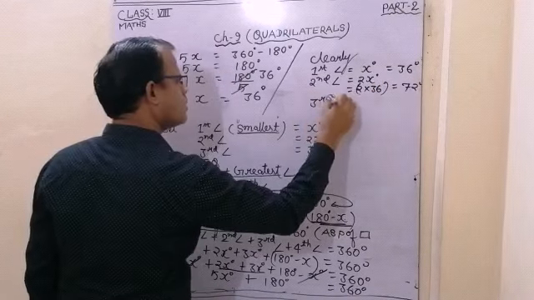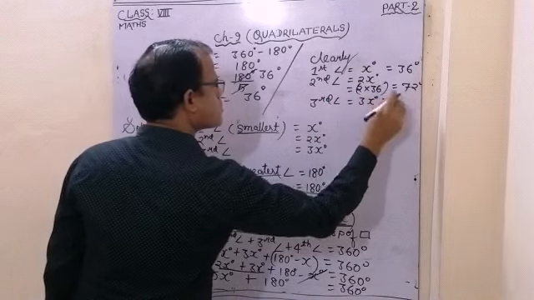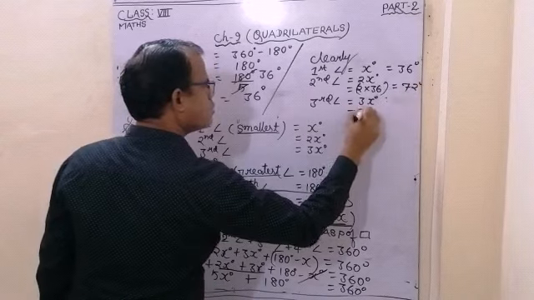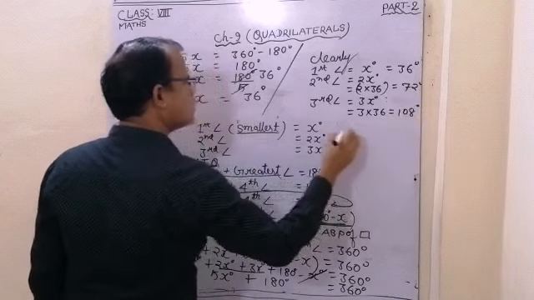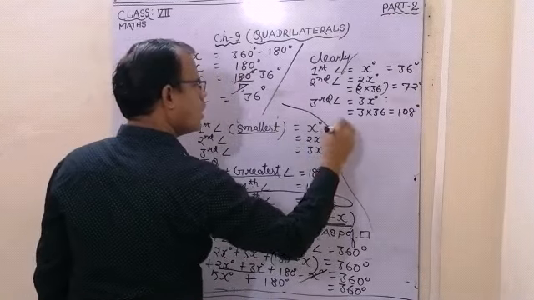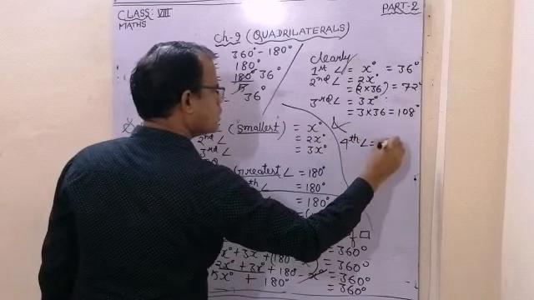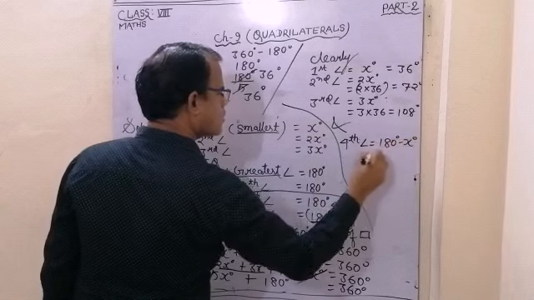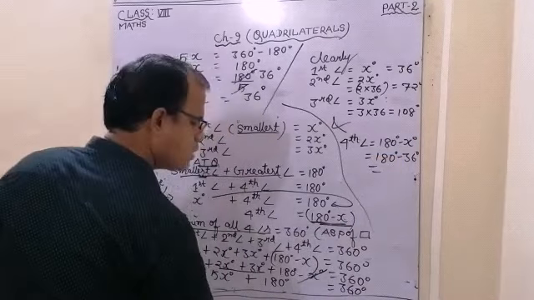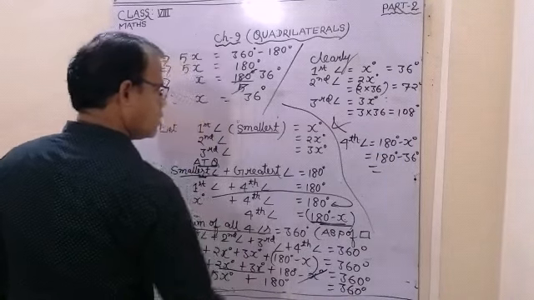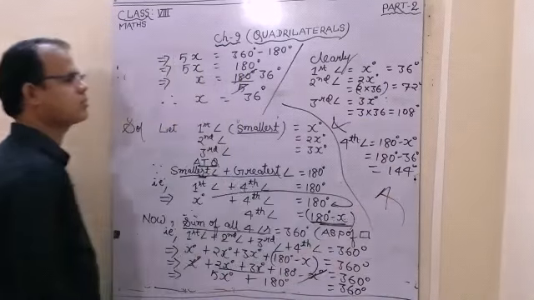Third angle is 3x degrees, so it becomes 3 times 36, 108 degrees. And the last, fourth angle equals 180 degrees minus x degrees, so it becomes 180 degrees minus 36 degrees, which is 144 degrees. So this is the final answer.